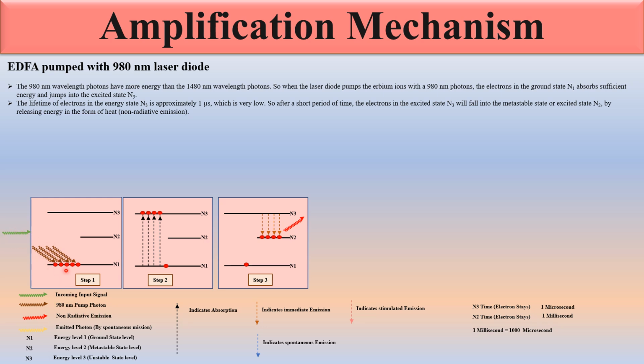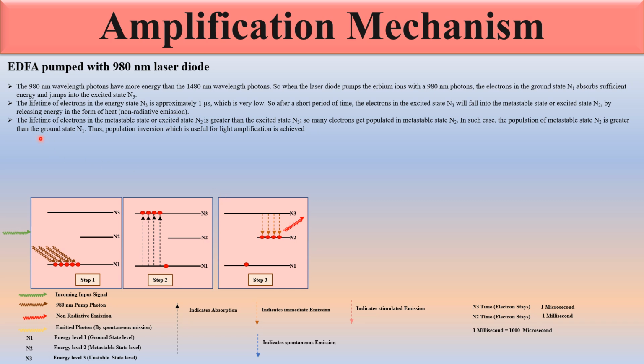When this pump laser is used, the electron absorbs this energy and moves to the higher energy level. From N3, it immediately moves to the metastable state, that is, it transfers from N3 to N2 by emitting non-radiative emission. You can see the red one here.